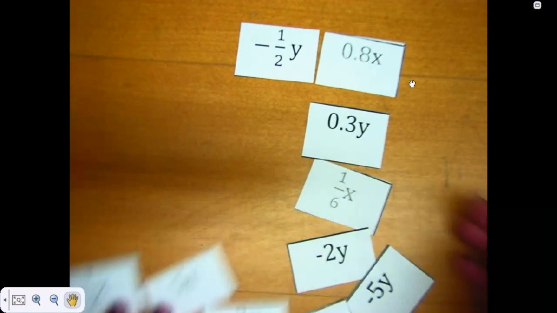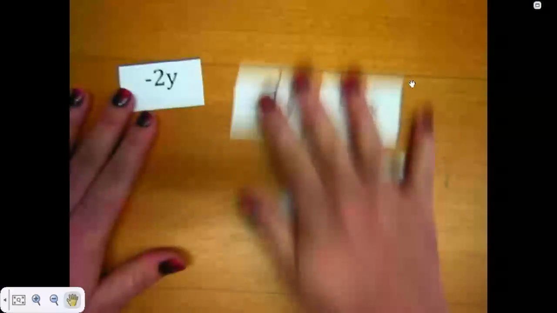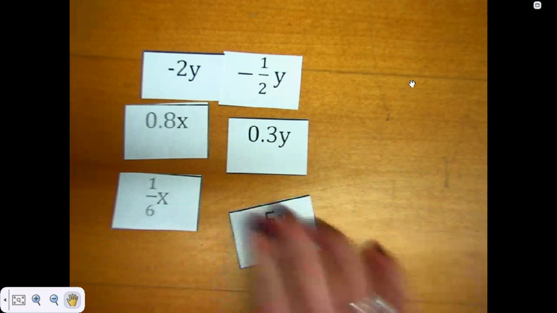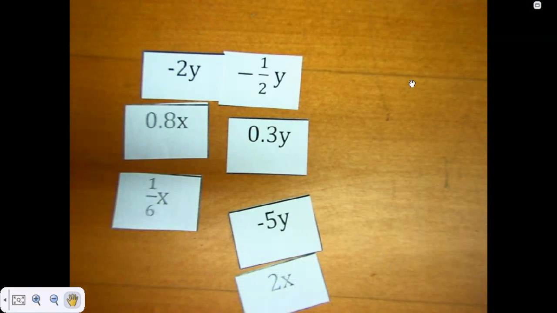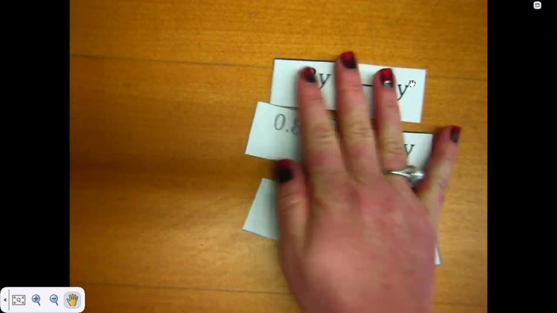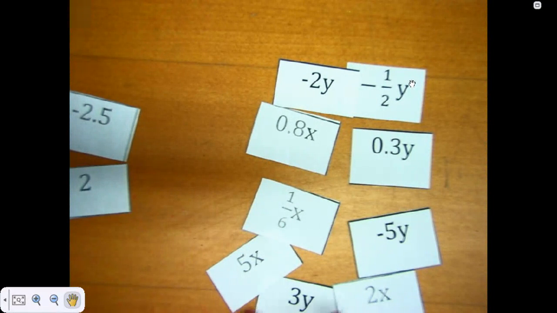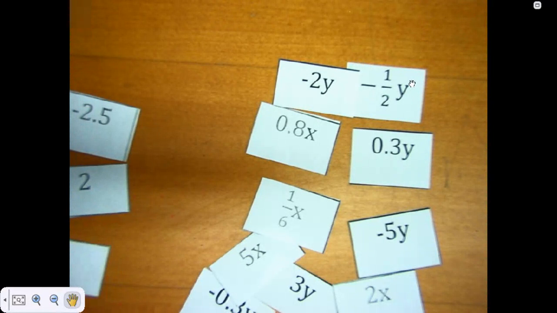But we have in previous years, this is how children have grouped them. I have seen where they put any variables together. And sometimes they would have a group that had variables, and they would have a group that didn't have variables. Remember, variables are those letters that represent unknown numbers. So you may have grouped yours like this.